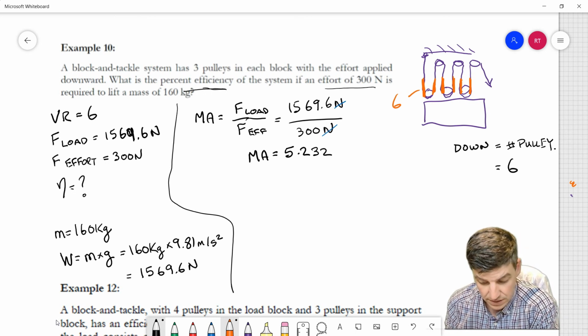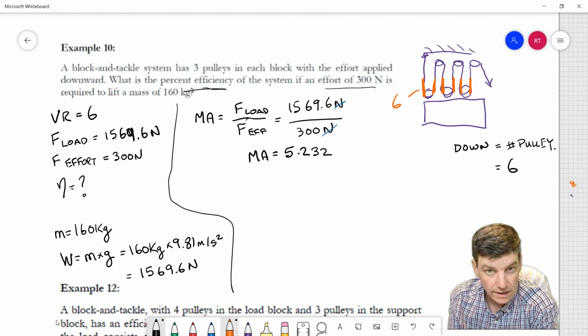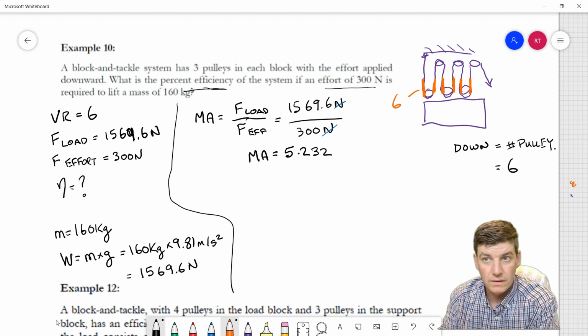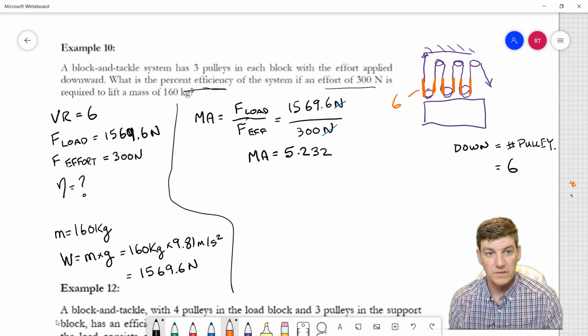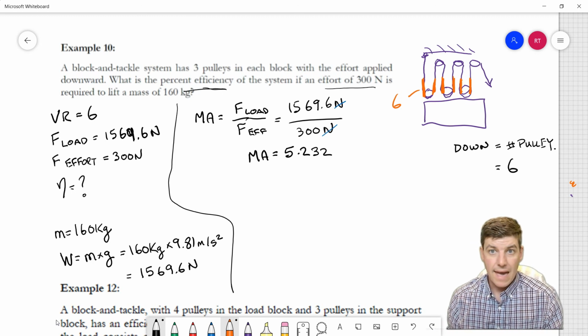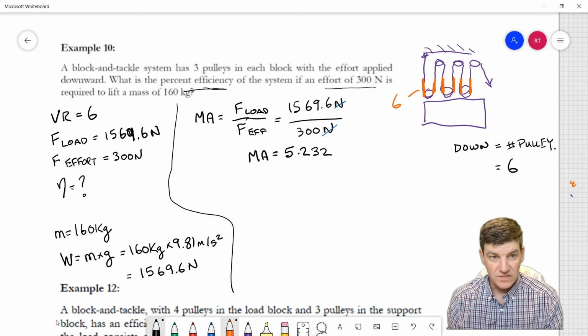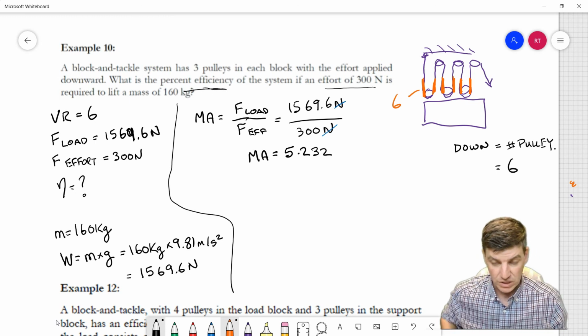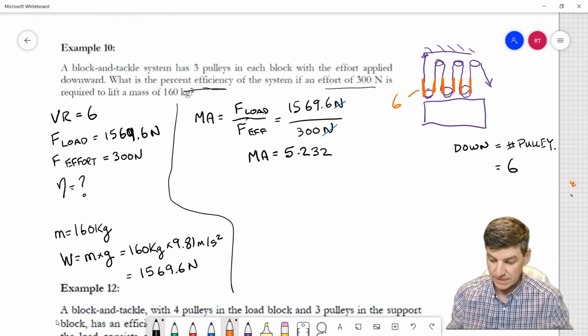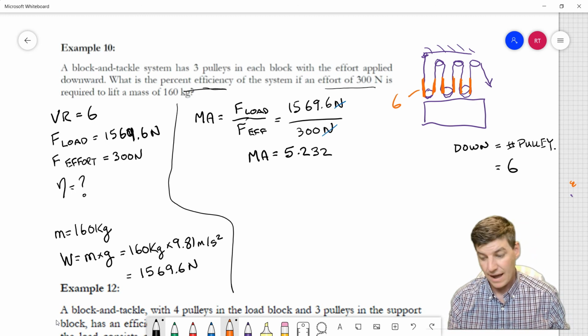Okay, a couple things just before I get any further. One thing we need to make sure we know. VR is the best possible use of this machine or arrangement of this machine. So MA, if there's any inefficiencies, is going to be lower than my VR. Okay, so I'm happy that I have 5.2 as my answer because it's less than the 6 that I have for VR.